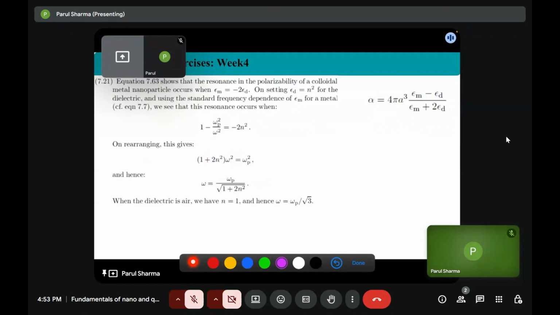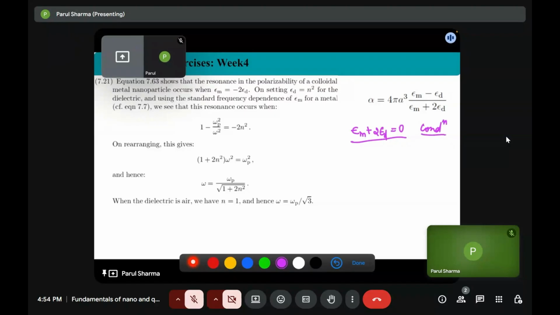So using this equation, alpha is equal to 4 pi a cubed times the ratio. Resonance, the LSPR, will occur when this condition is satisfied.